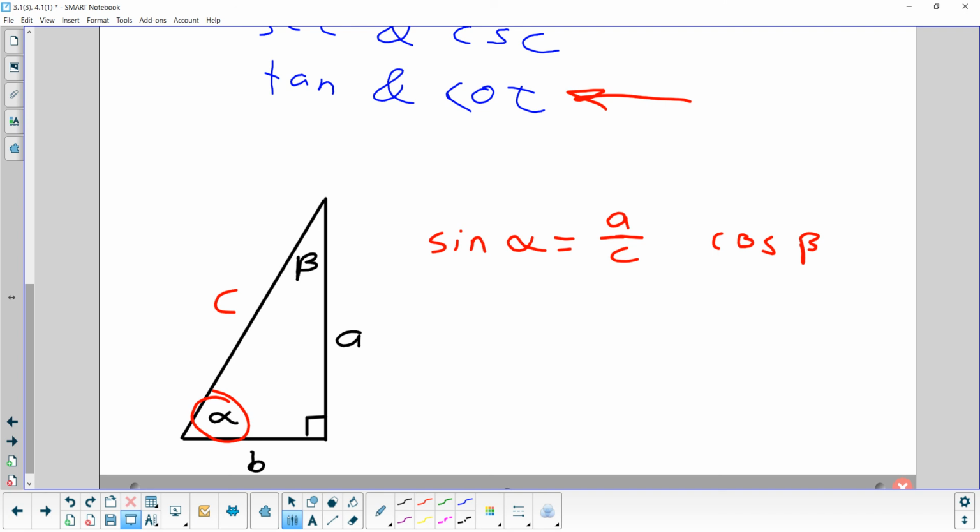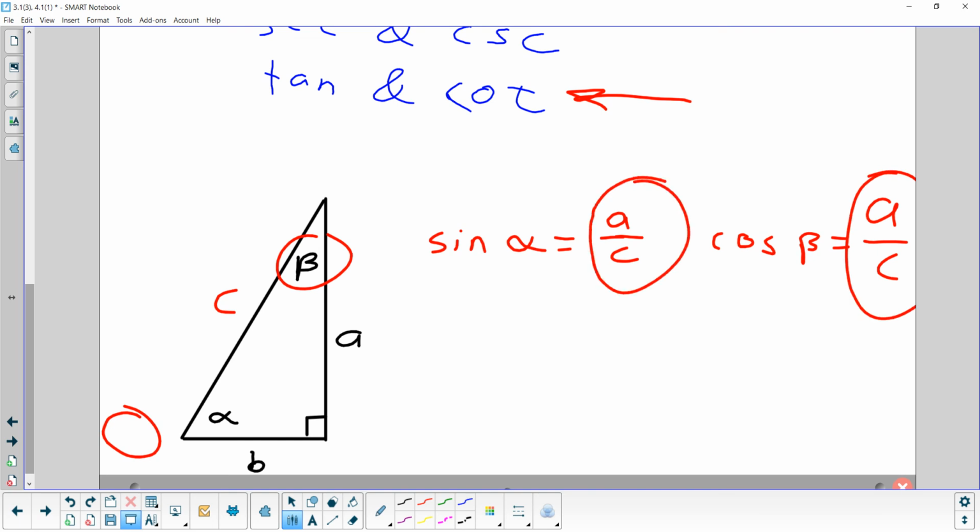Cosine is adjacent over hypotenuse. That's your perspective. Aiden, what side is adjacent to beta? A. And what's the hypotenuse? C. A over C. They came out exactly the same.